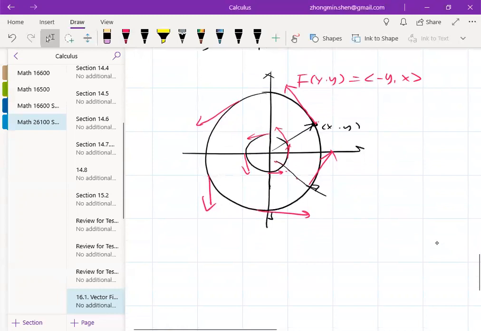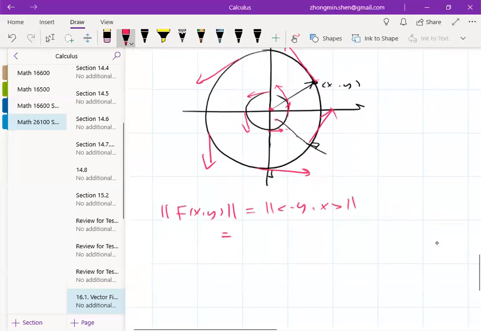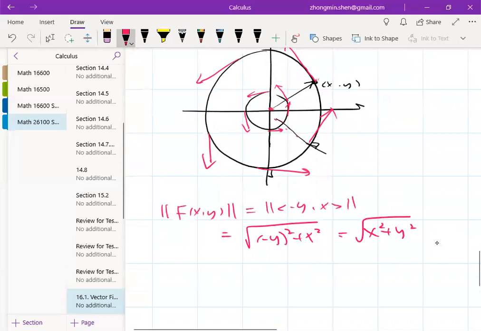How long is it, or which vector? The length of the vector will be the distance between the point and the origin. So the length of this vector is going to be the square root of negative y squared plus x squared, which is the same as x squared plus y squared.